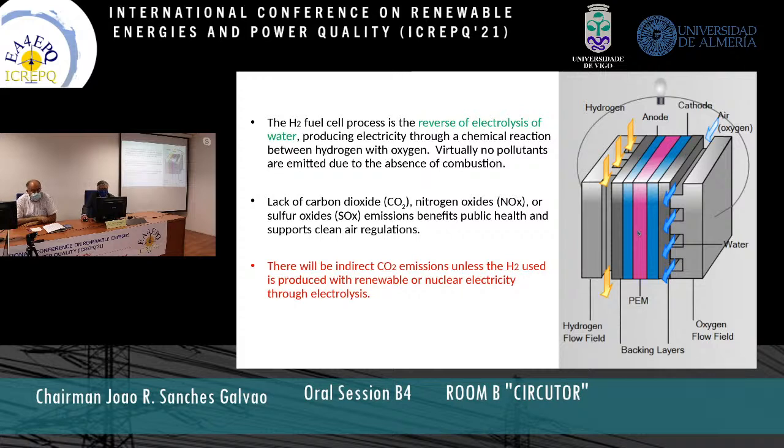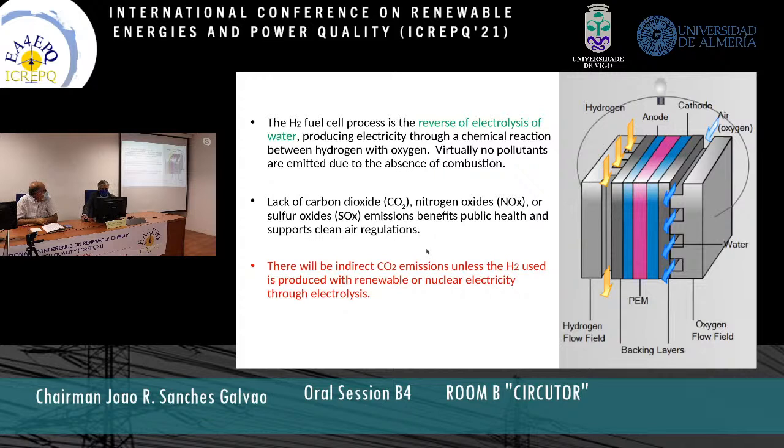This is, of course, the reverse of electrolysis. In electrolysis, we use electricity to break water into hydrogen and oxygen. And here the exact opposite happens. Hydrogen and oxygen combine into water, and electricity is released.